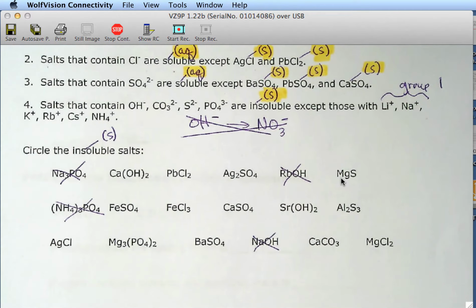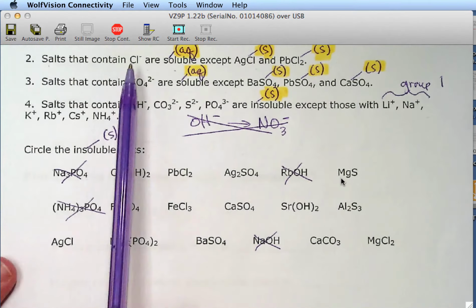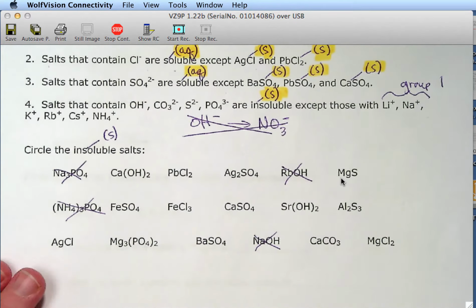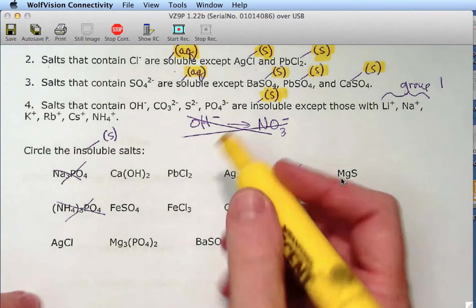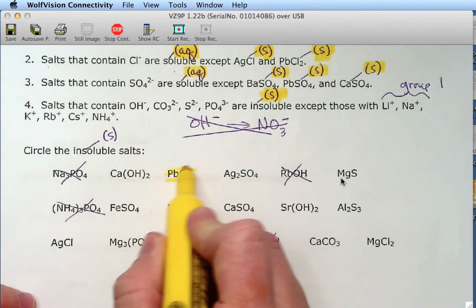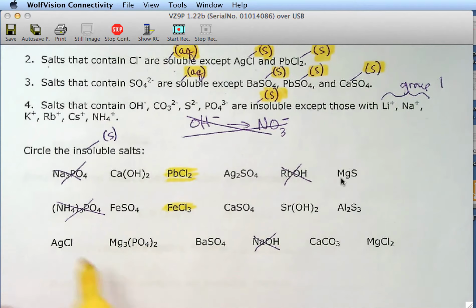Now it's probably a good idea to go through specific rules, like the second rule, salts that contain chloride. This one contains chloride, chloride, chloride.